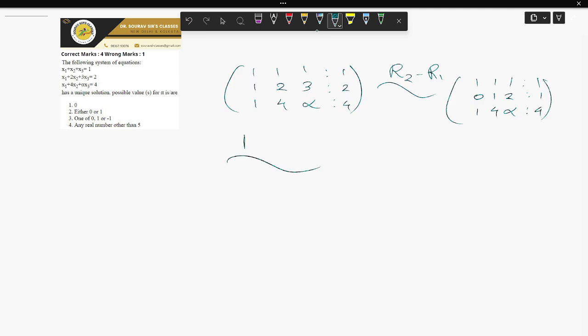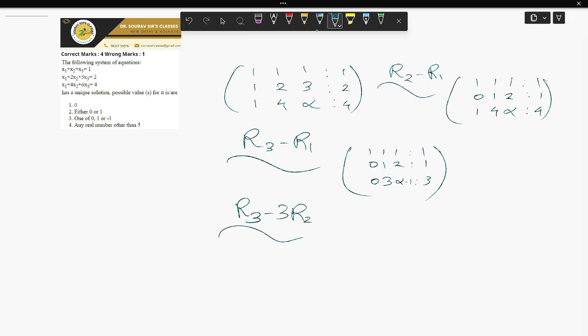That will be 1, 2 and that will be 1, and that will remain the same. After that we can take row 3 minus row 1. Then we will get 1, 1, 1 the same, 0, 1, 2, 1 the same, and we will get 0, 3, alpha minus 1, and we will get 3 here. Okay. After that we can write row 3 minus 3 row 2.